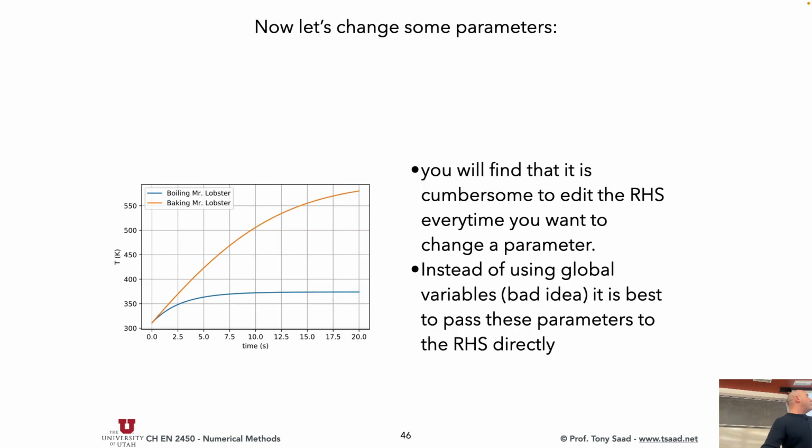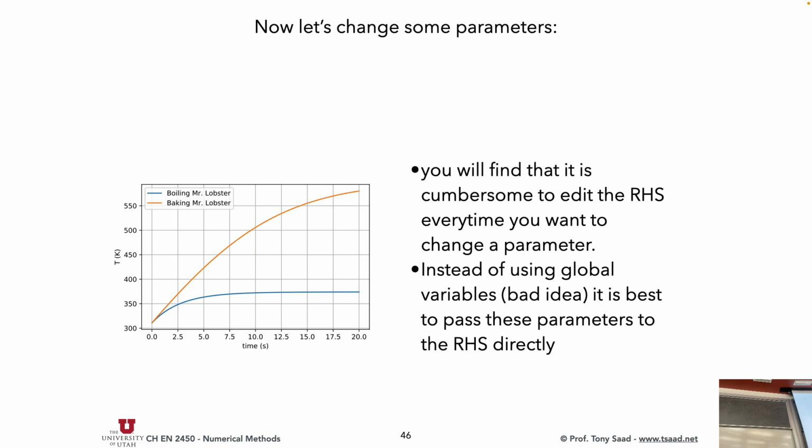Now, similar to when we were using Fsolve, with the lobster cooking problem we had to pass information about the heat transfer coefficient H, T infinity for the water or the oil or the air, and T infinity for the oven, and maybe some other parameters.